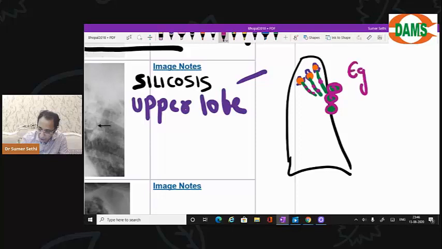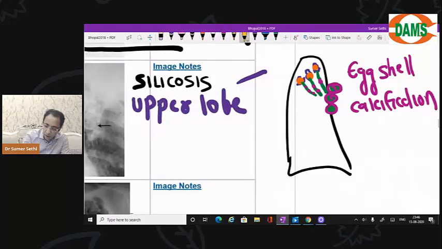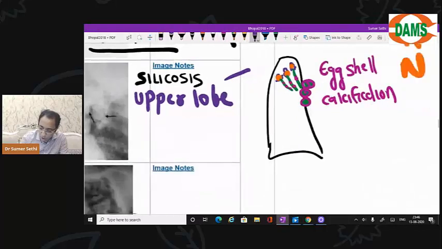And that is why you might have read about eggshell calcification seen in both silicosis as well as sarcoidosis, like some of you were mentioning.